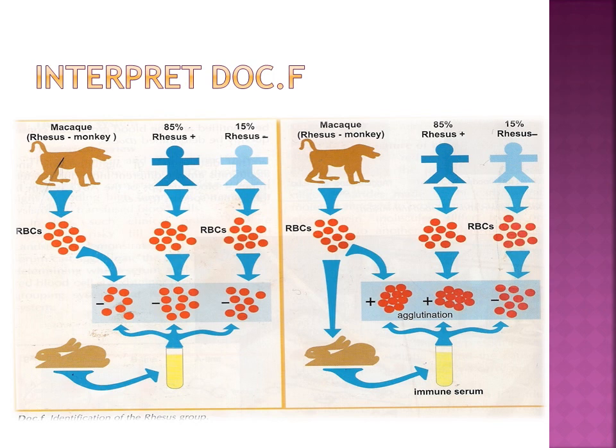Then from the rabbit, an immune serum was taken and separated into the 3 samples, as shown on the glass slide. Agglutination occurs only with the rhesus monkey and the rhesus positive individual, while no agglutination occurs with the rhesus negative individual. Interpret, and what can you conclude?